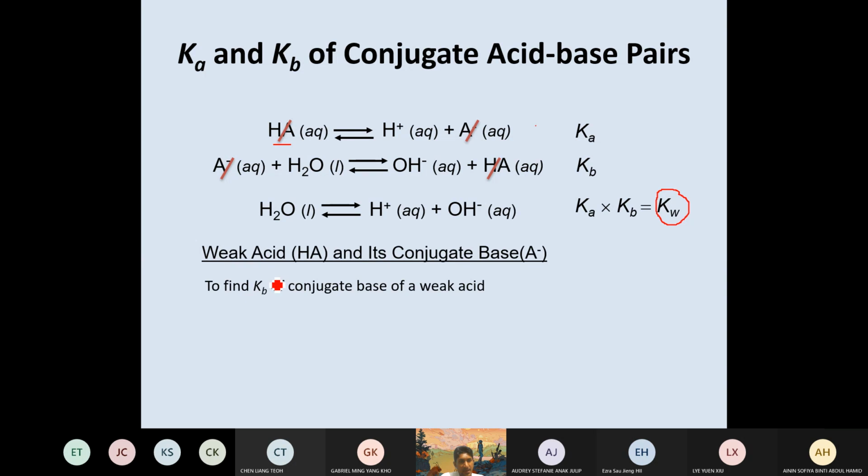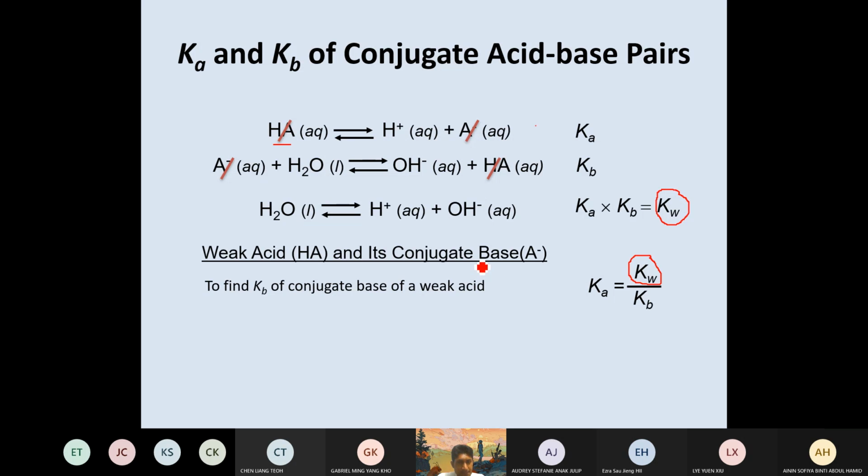To find Ka or Kb of a conjugate acid and base pair or a weak acid, we just use this. Kw is always constant. At 25 degrees, Kw is 10 to the power of -14, and it is constant at that temperature. Of course, with temperature it will change.